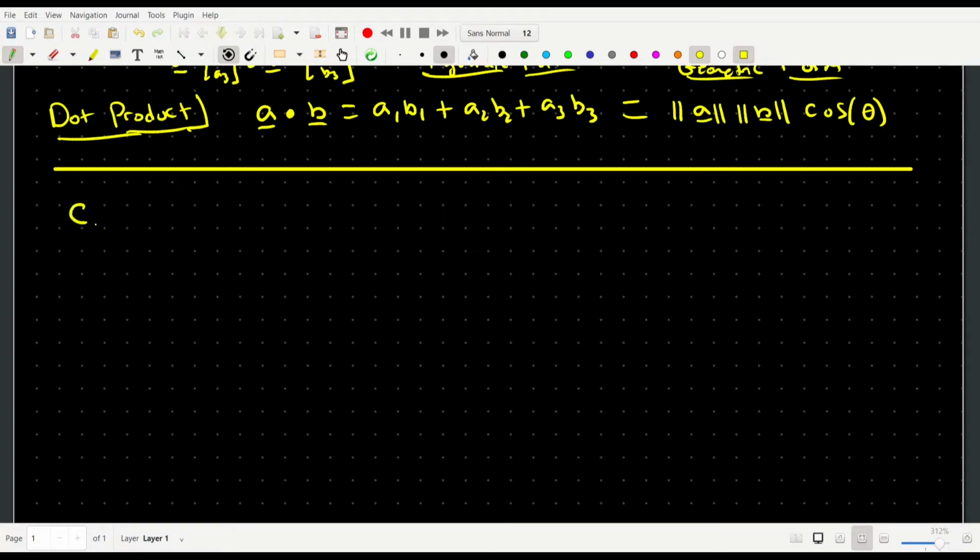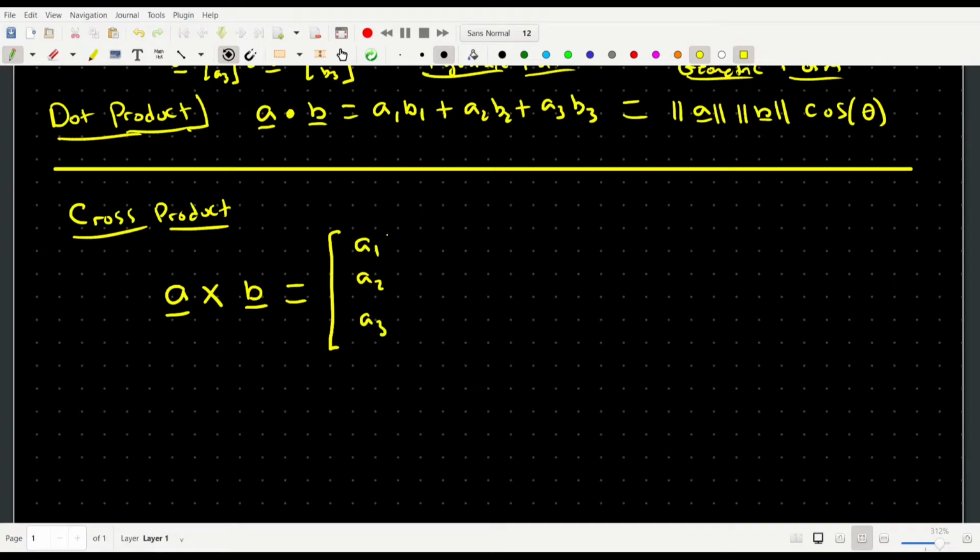So the cross product between vectors, notation-wise, is just the times symbol, so A times B. And when we're computing this, we always want to draw down a copy of this first vector A1, A2, A3, and the vector B1, B2, B3.